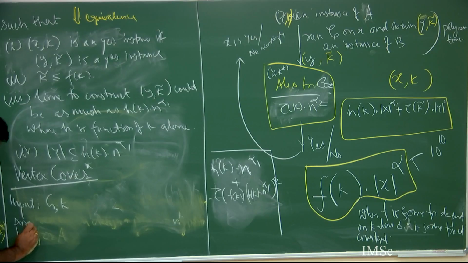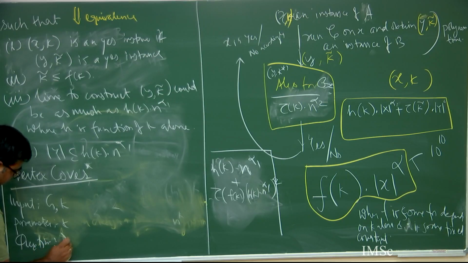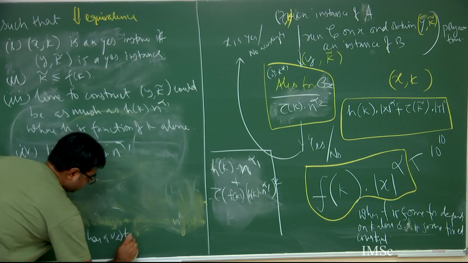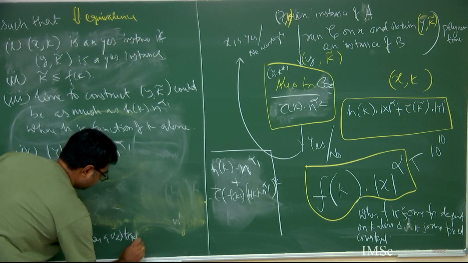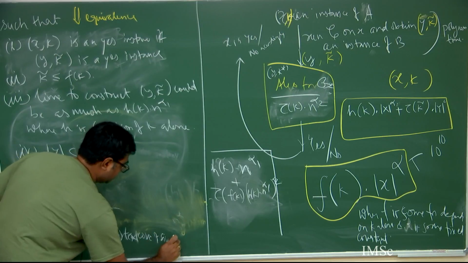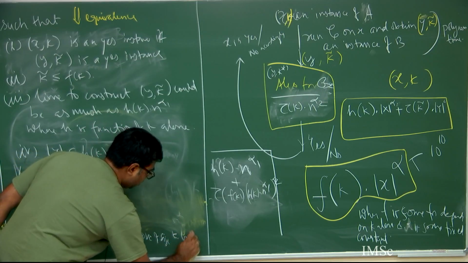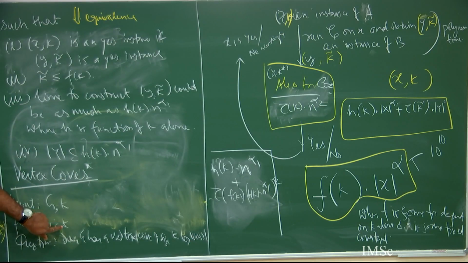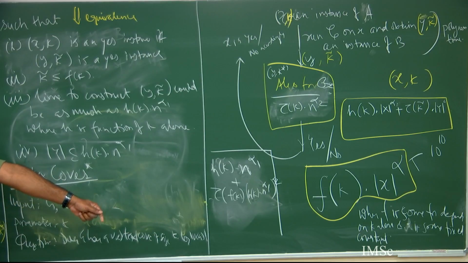Parameter is k, but my question is, does G have a vertex cover of size k times log n? Look, my parameter is still k, but even if the vertex cover has size up to k log n, you have to say yes.